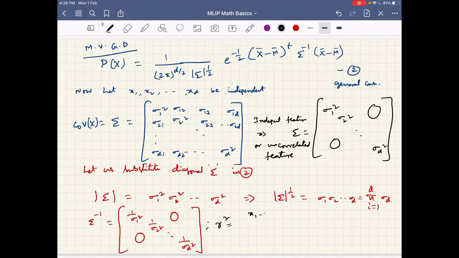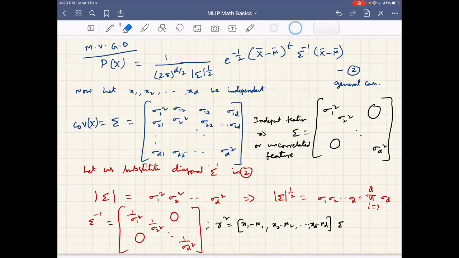x1 minus mu1, I have to write the transpose, so let me write x1 minus mu1, x2 minus mu2, and so on up to xd minus mu d. This is one vector, that is x minus mu transpose, and then I have to write sigma inverse.